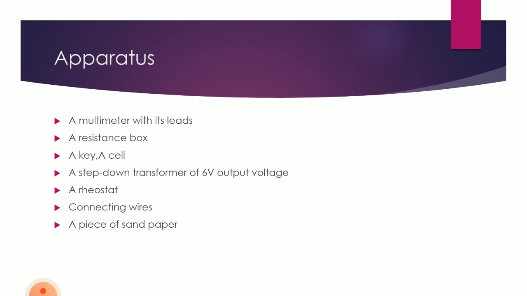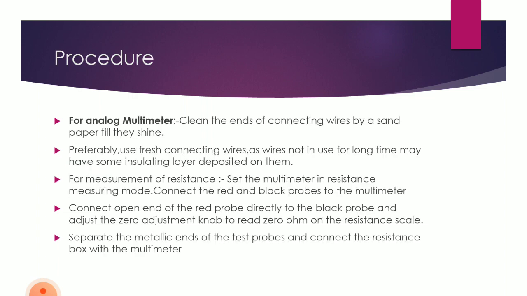Then apparatus, means how we make a multimeter and which things we need: a multimeter with its leads, a resistance box, a key, a cell, a step down transformer of 6 volt output voltage, a rheostat, connecting wires, a piece of sandpaper.